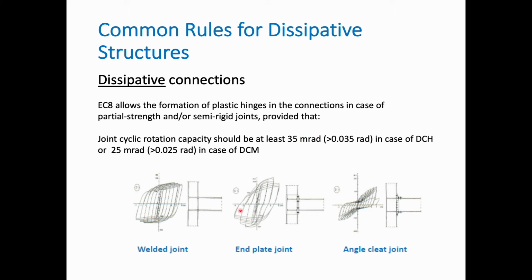This is a very typical representation of different joints and their hysteretic performance. Of course, with different parts of the connection, if you add braces or haunches, if you have a different bolted connection, or if you have an RBS or RWS system, as we will see later on, these hysteretic performances change quite a lot, but this is a good representation for your information.